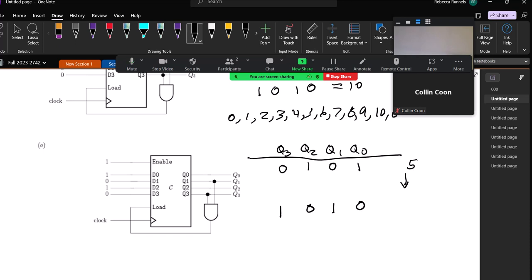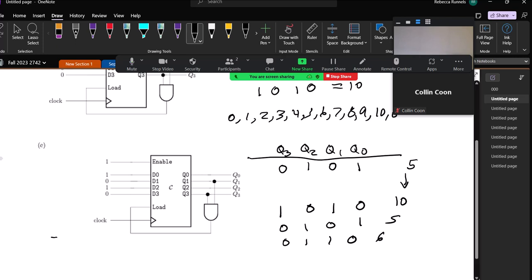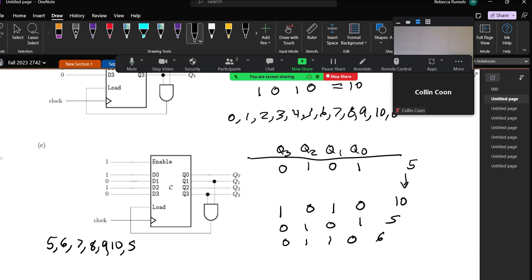So this is going to go from 5 to 10. Once it gets to 10, it reloads, and what's it going to load to? It's going to load to 5. And then the next number will be 6, and so forth. And so our count sequence will be 5, 6, 7, 8, 9, 10, and then back to 5, 6, 7.